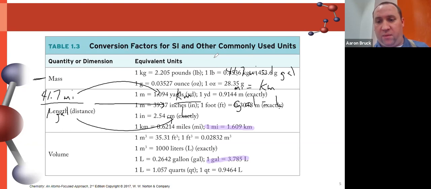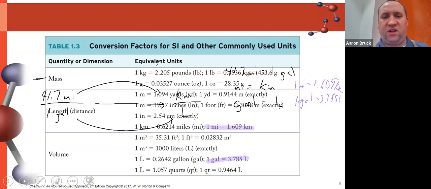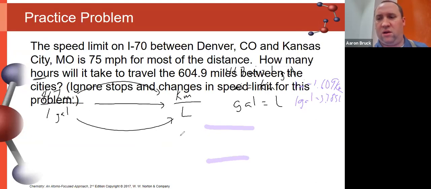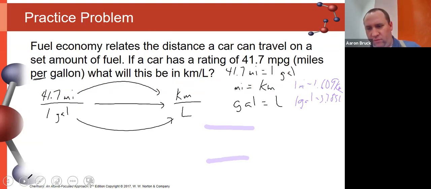And so I'm going to make a quick note for myself here. 1 mile is equal to 1.609 kilometers. 1 gallon is equal to 3.785 liters. Now that I have that information in front of me, now I can put it to good use.